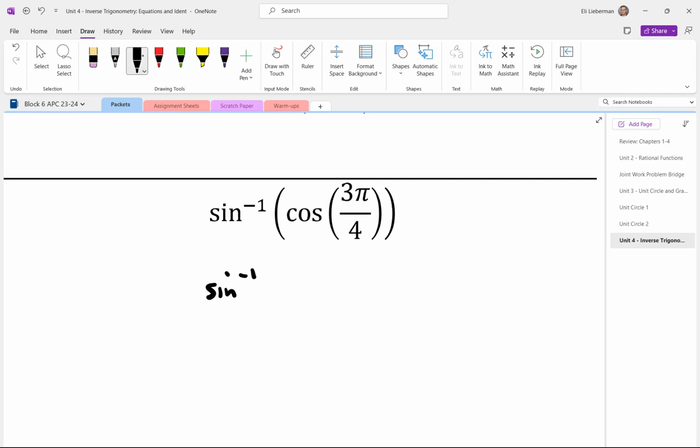So sine inverse of -√2/2. Okay, so Lauren, now what? Can you help us out with this? Look what she's doing, she's got the unit circle right in front of her and her pencil out. I love it.